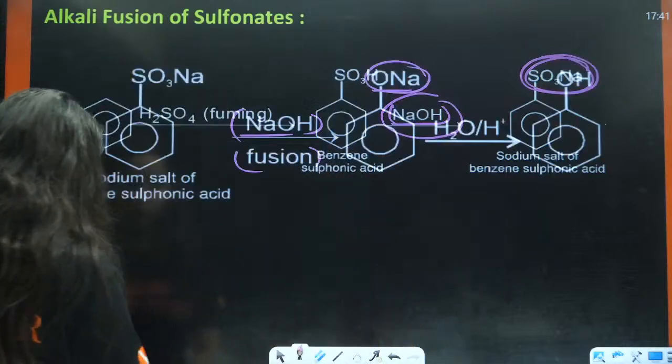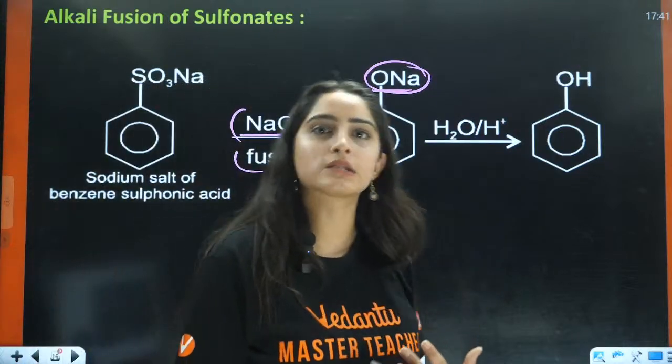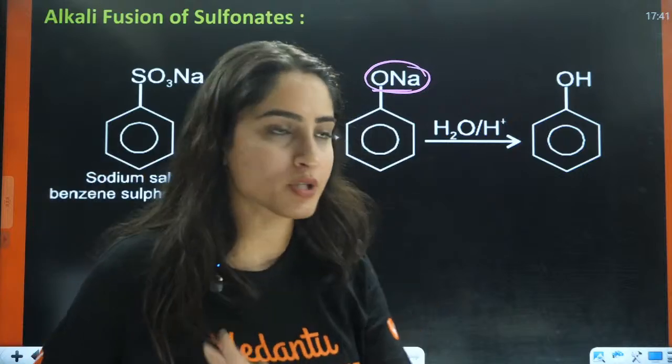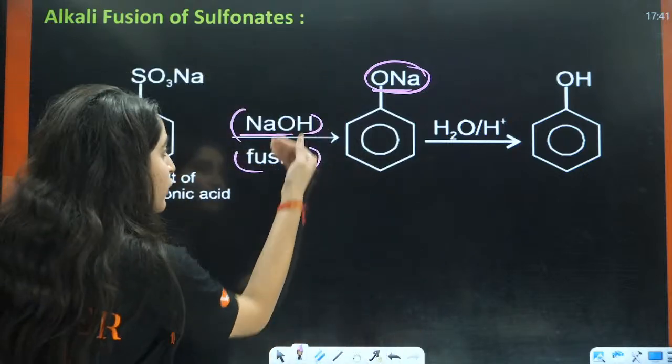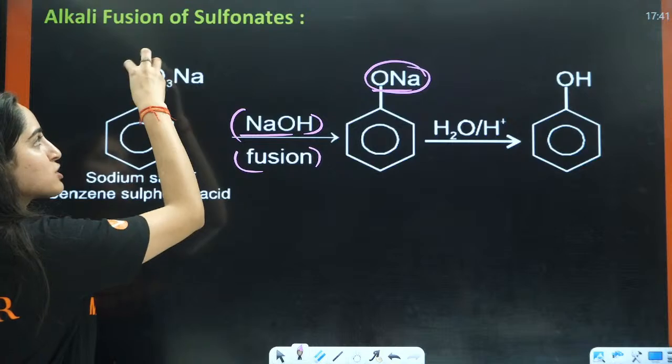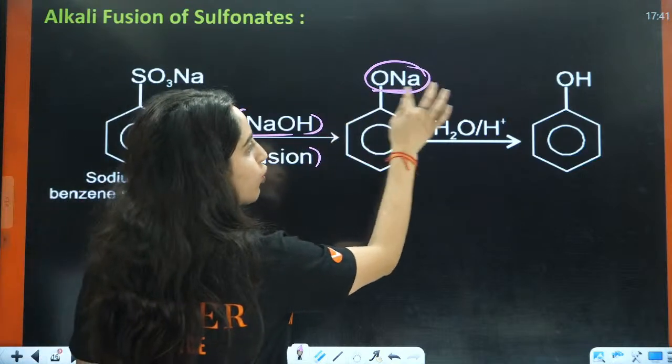If you are adding NaOH directly, then this H positive is replaced by Na. But if you want to convert SO3Na to ONa, you have to fuse it with NaOH. How NaOH is fused is a different practical process, right? So it is fused with NaOH, then this SO3Na is converted to ONa.